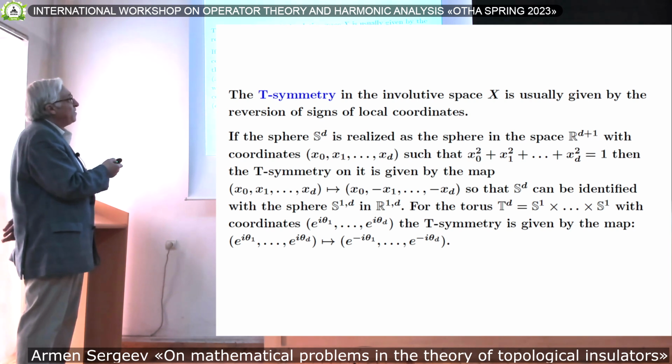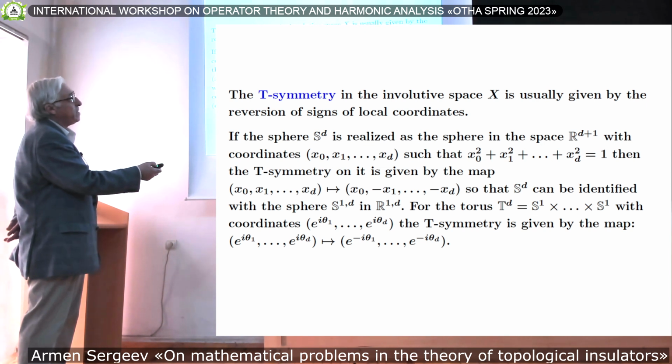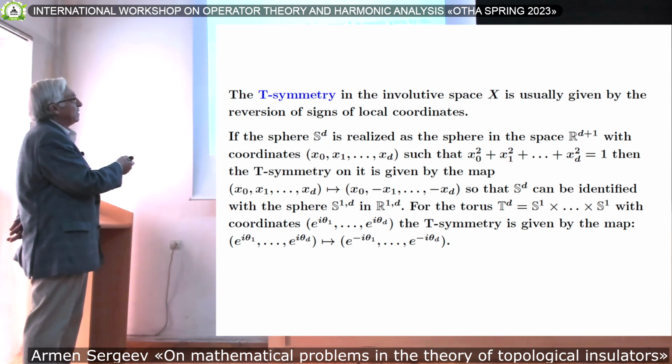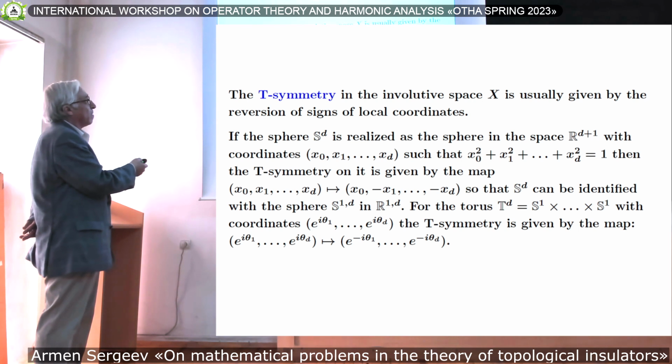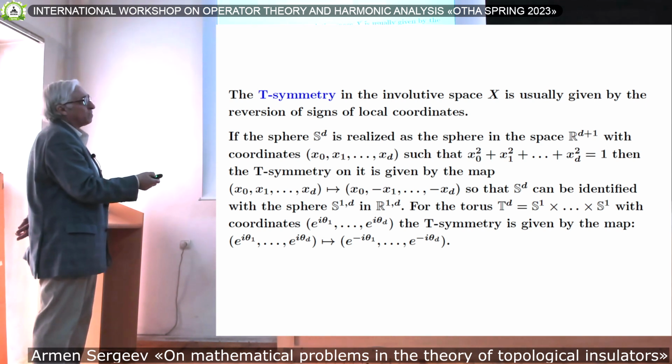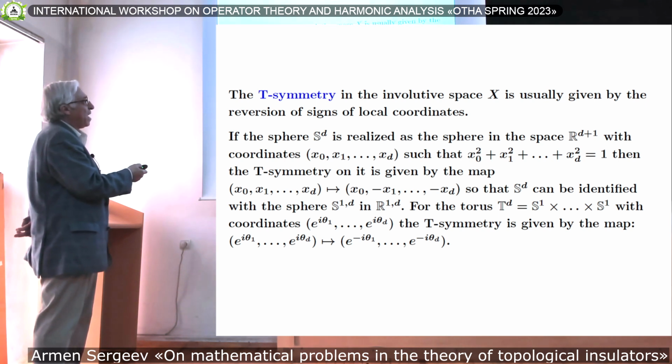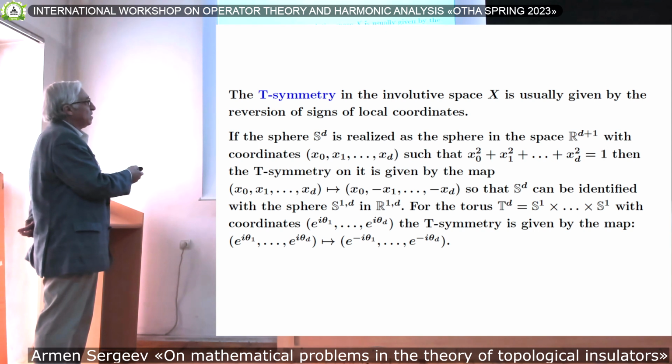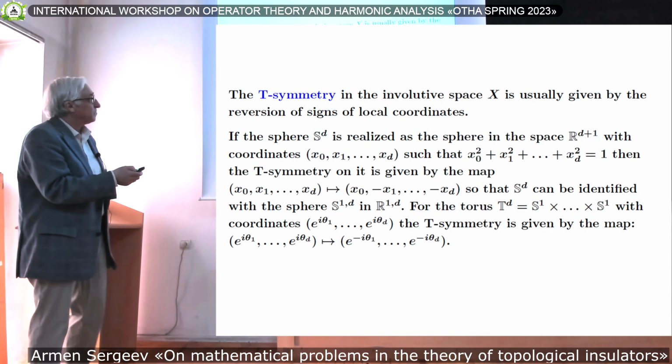For example, if the sphere S^d is realized in the space R^{d+1} in such a way, then the T symmetry on it is given by the map where x0 is not changed, and all others are multiplied by minus 1. For the torus, which is the product of circles, with coordinates e^{iθ1}, ..., e^{iθd}, this is just the change of the sign of these θ's.